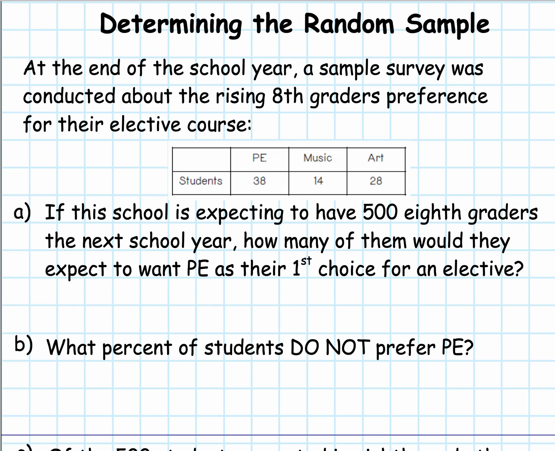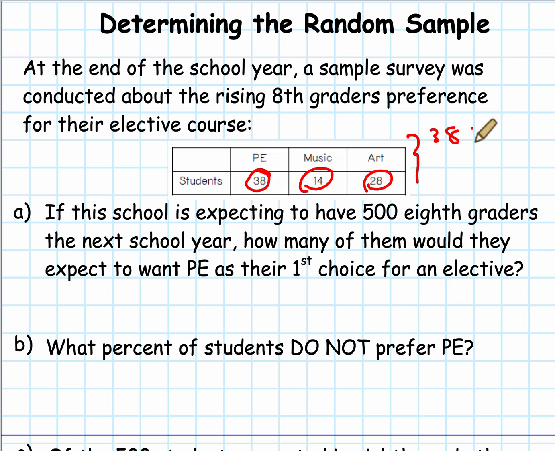At the end of the school year, a sample survey was conducted about rising 8th graders' preference for their elective course, and we are going to answer some questions about this. First, let's figure out how many people participated in our survey. 38 said they prefer PE, 14 said they prefer music, and 28 prefer art.